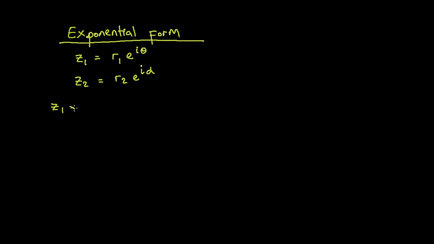When we are multiplying z1 times z2, this is going to be equal to r1 times r2 e to the i theta, and here we add the exponents, so it is r1 times r2 e to the i, then in brackets theta plus alpha, like that.